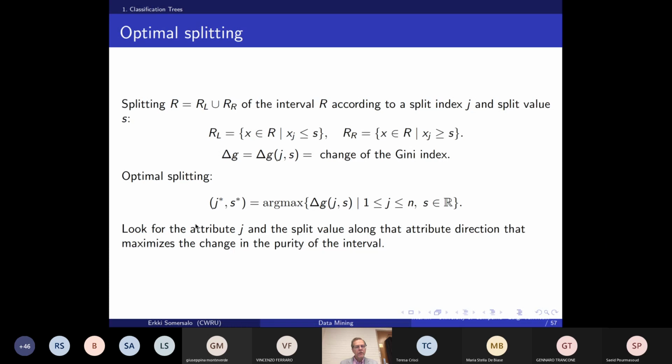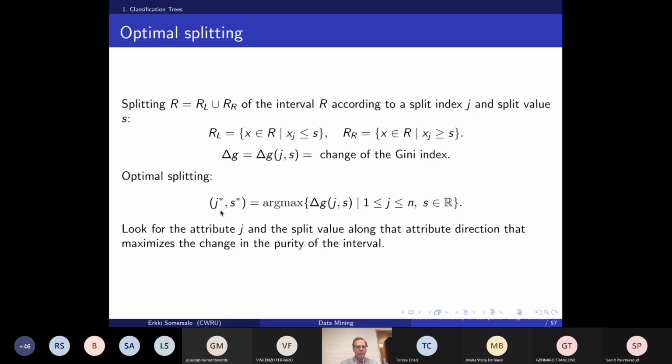And so what does this mean? You're trying to find the attribute J and the split value S so that the change in the purity is maximum. Okay, so this is the algorithm. So now you can ask, is this a complicated optimization algorithm?